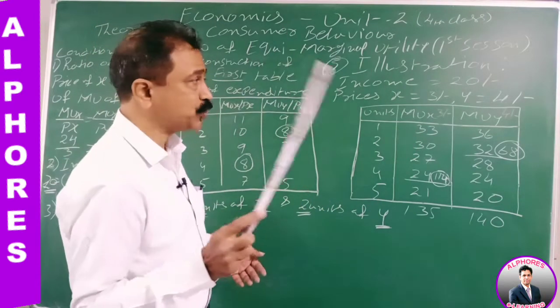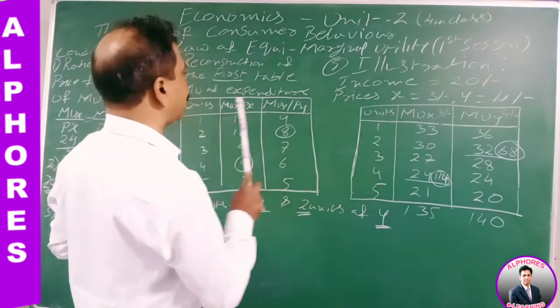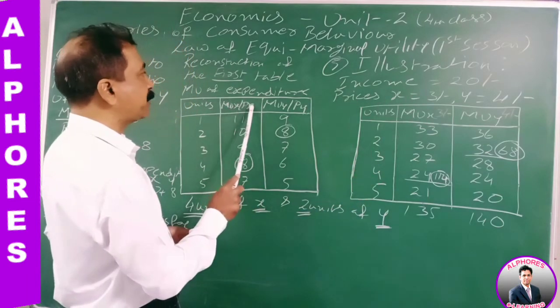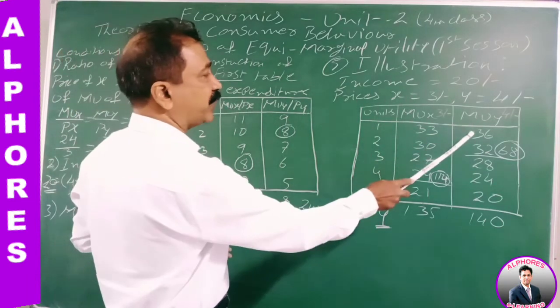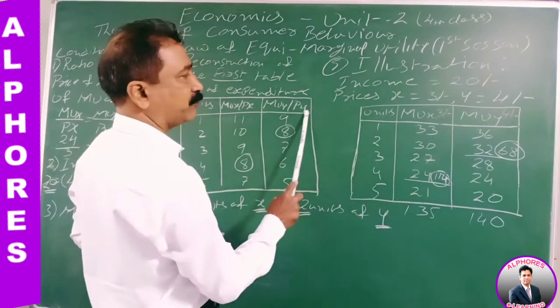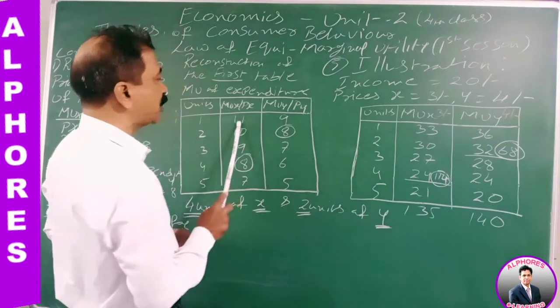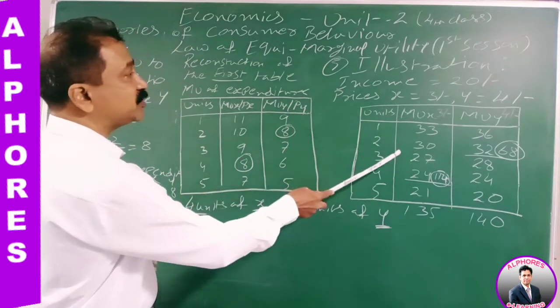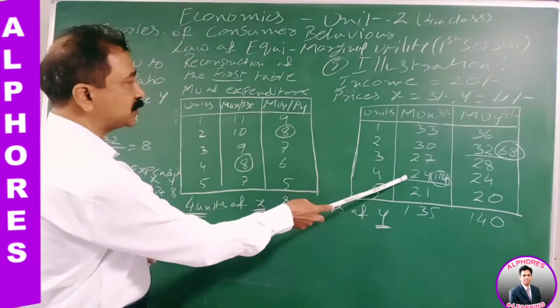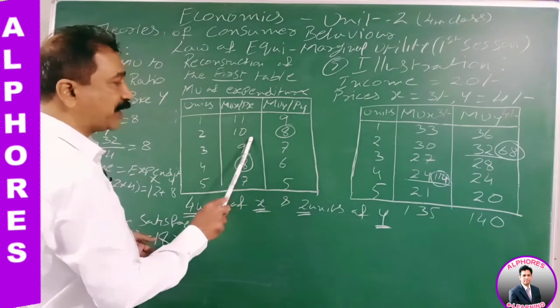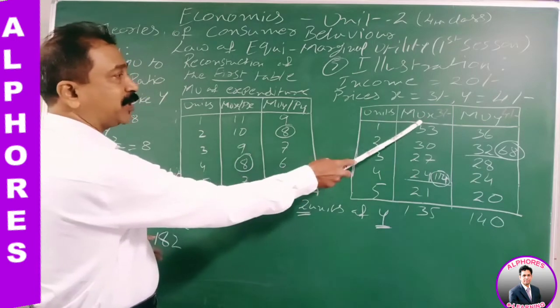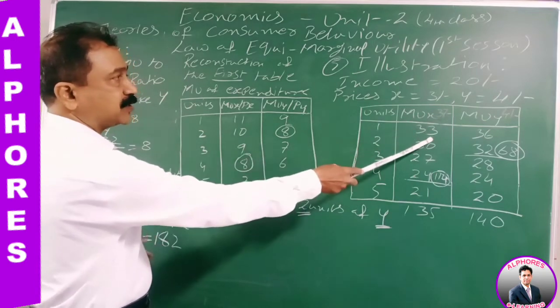Marginal utility of X by price of X, marginal utility of Y by price of Y. 33 divided by 3, how much will it come to? 11. We are reconstructing the same marginal utilities into the final table by dividing marginal utilities by their prices.